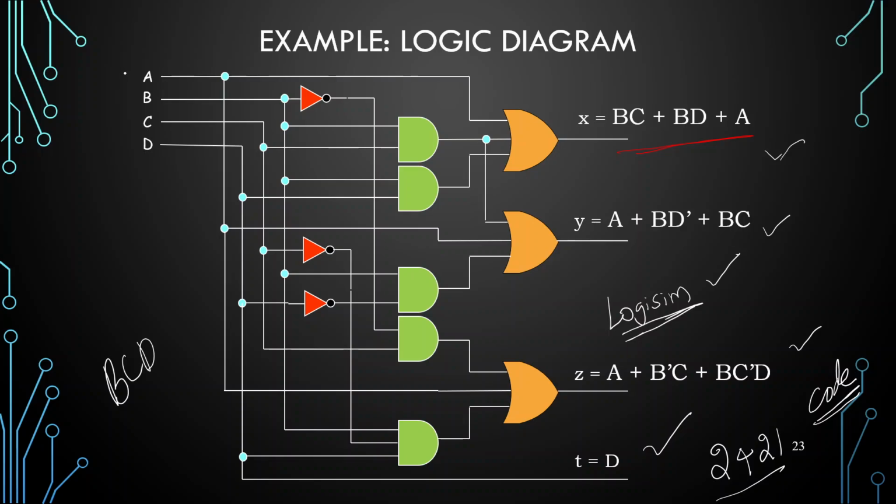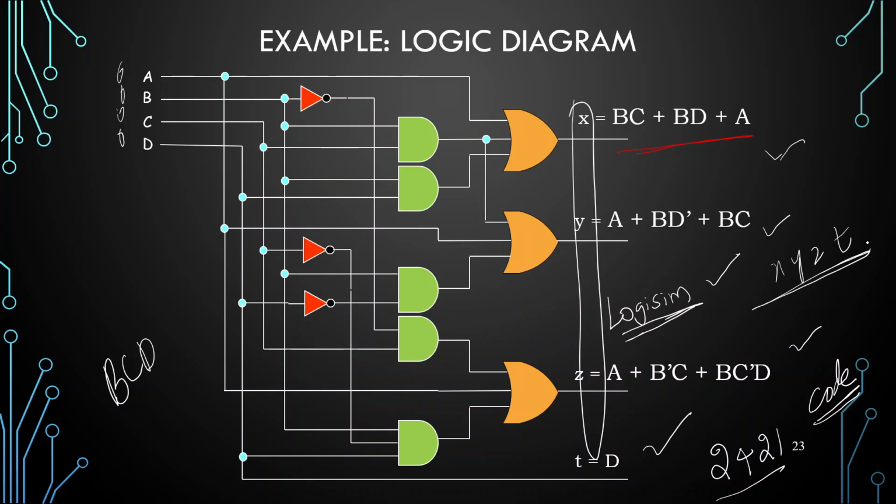Say for example 0 0 0 0, 4 inputs. What is your output? Just check it out. You can check the values by plugging them into these four expressions. Then you get the X Y Z T values, which will give you the 2421 code.